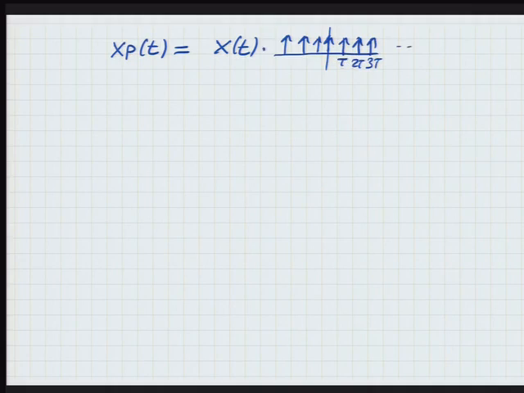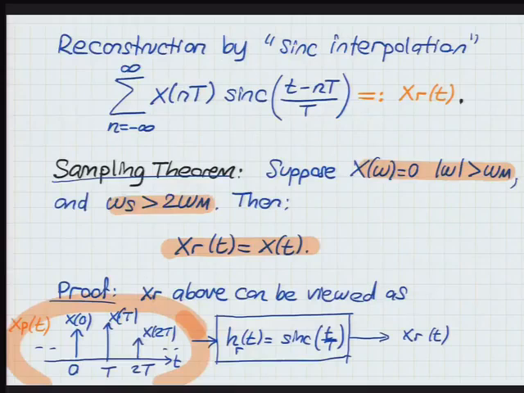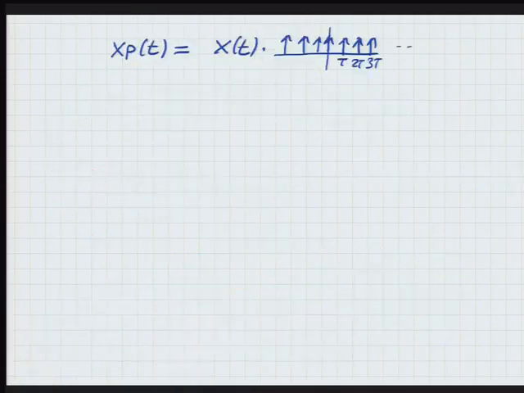If I take a continuous time signal and multiply it with this train of impulses, each with unit amplitude, that multiplication will erase whatever was happening between the sampling points. And you're going to get, as a result of this multiplication, something that looks like this. Agreed? Important point. I want you to see this. Okay, so that was step one. We're going to call this P of t.